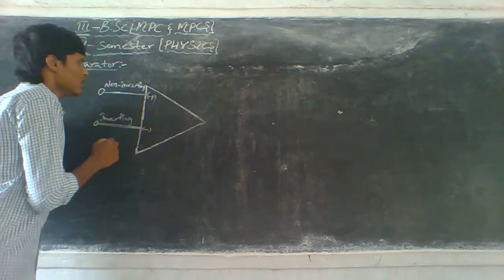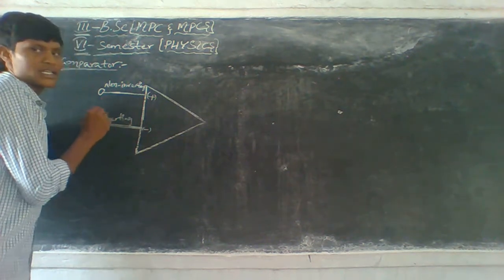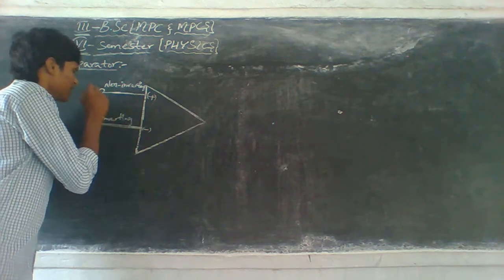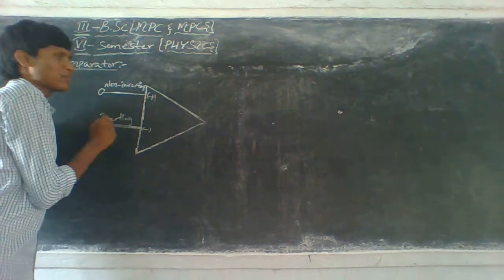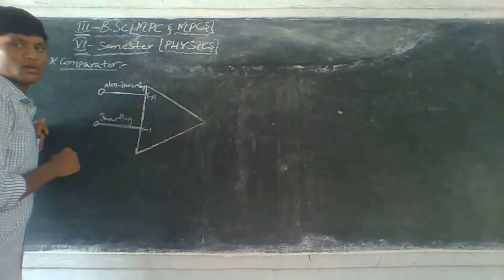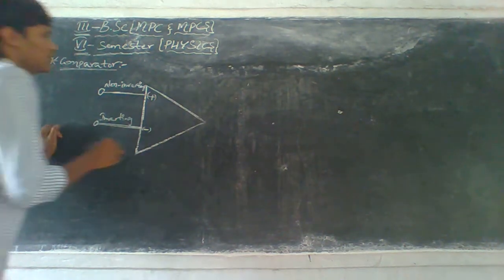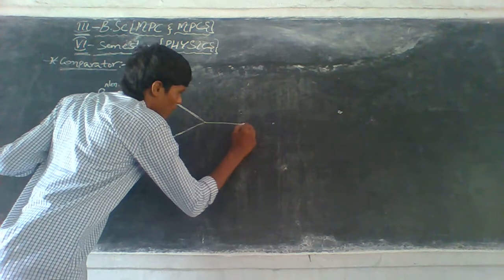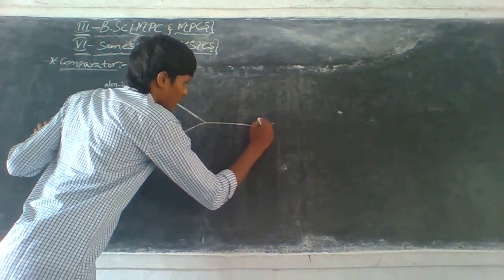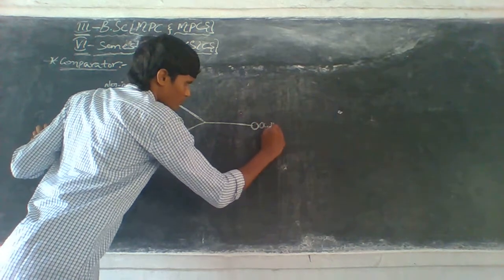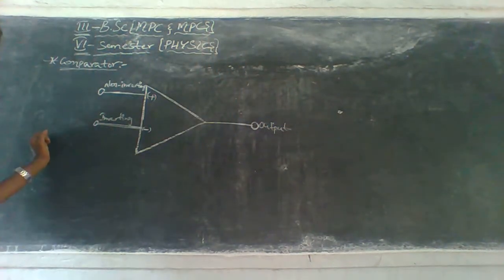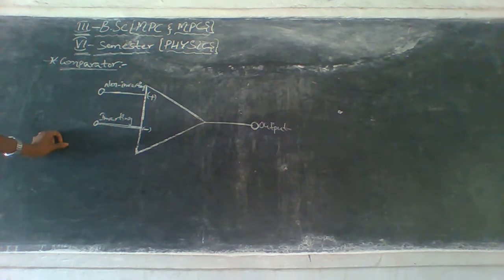The non-inverting input signal has positive charge and the inverting input signal has a negative charge. And the operational amplifier has one output signal.